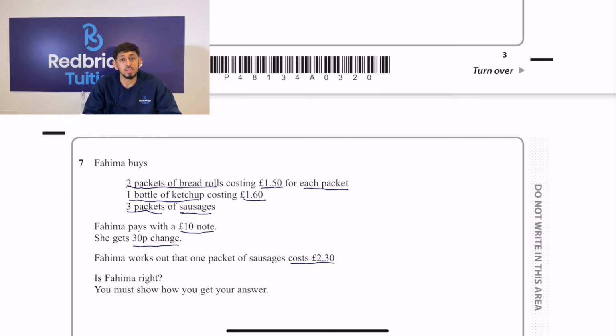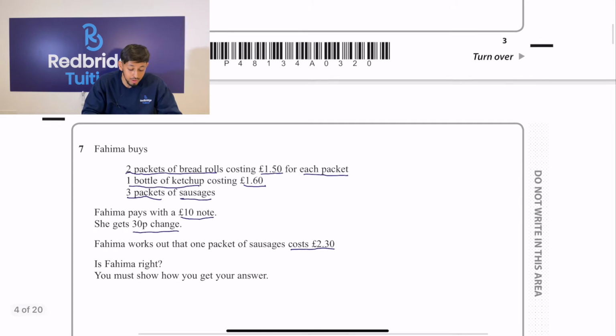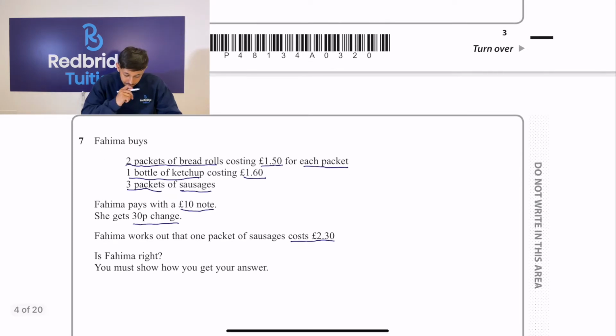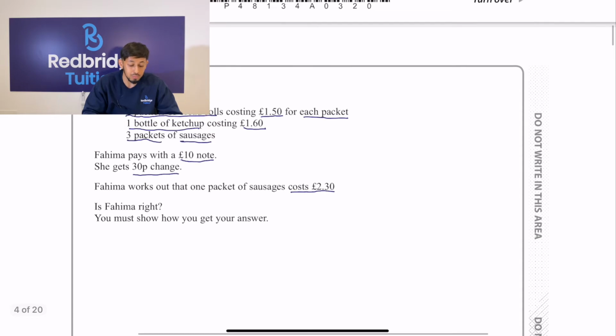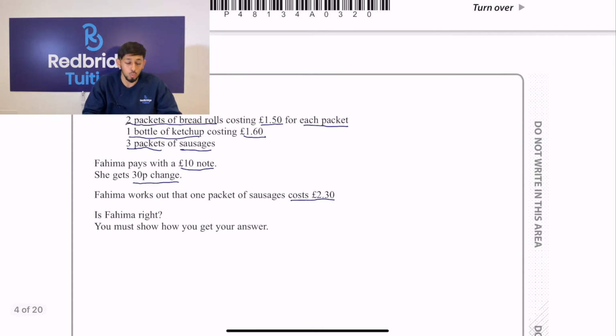What we need to do is either prove that Fahima is right or wrong. Now, even though we've underlined the key points, I would still write out these points in our space of working out to make it very clear to the examiner what we are doing.